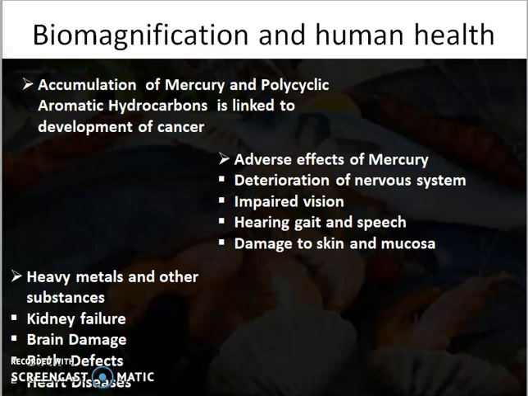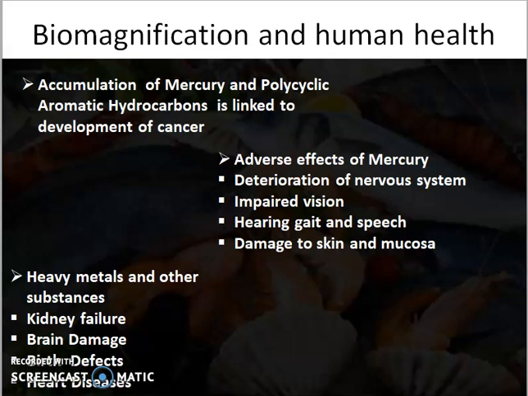Mercury is known to have adverse effects on humans, such as deterioration of the nervous system, impaired vision, hearing problems, problems with gait and speech, and also problems with involuntary muscles and destruction of skin and mucosa.